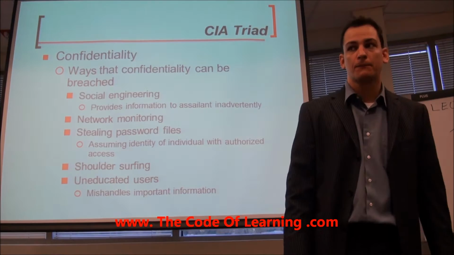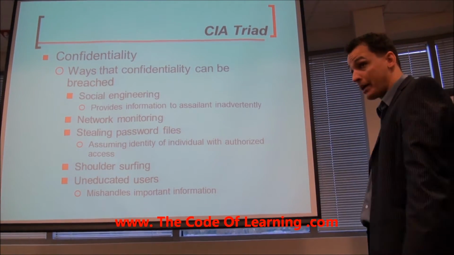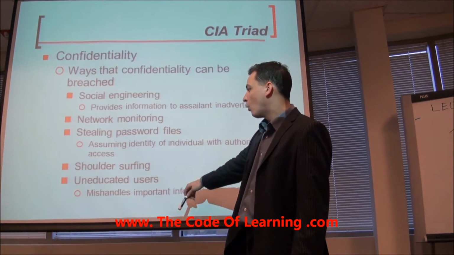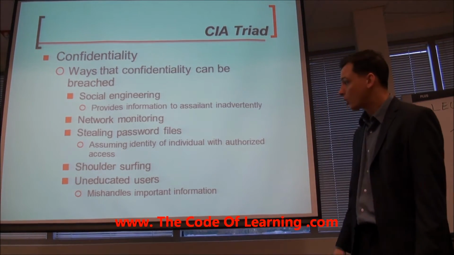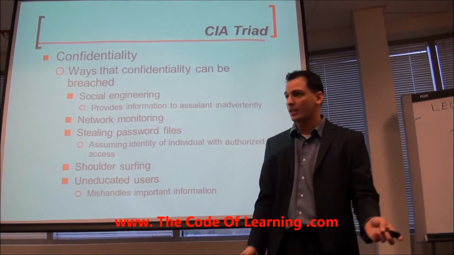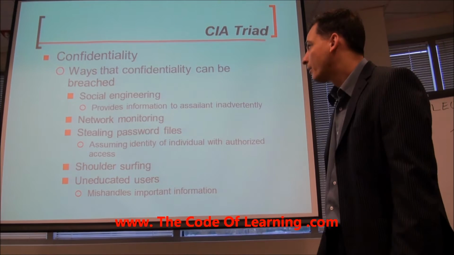Unauthorized access, because you're not supposed to have that access. Again, unauthorized disclosure. Or what if I had the ability to steal files or shoulder surf, things like that. It could be something as simple as a user being unaware and mishandling something because they don't know any better, because they weren't in the security awareness training class, right?